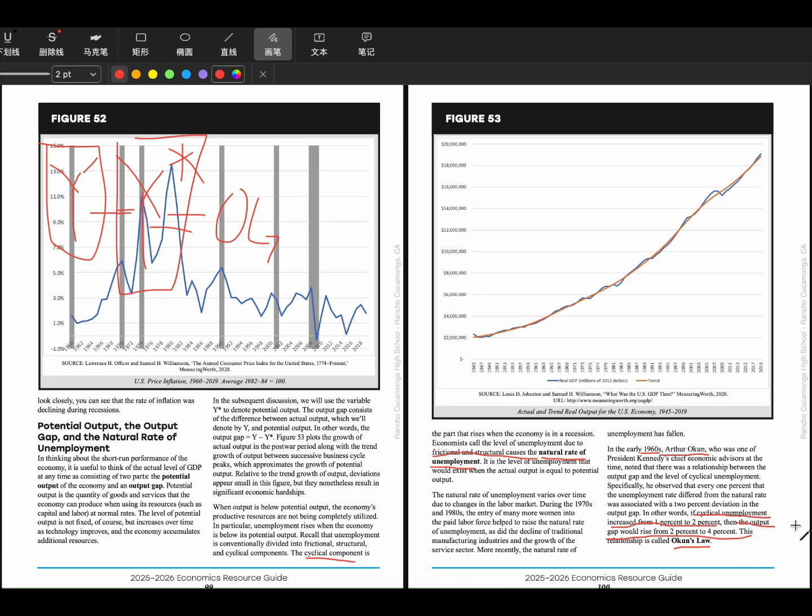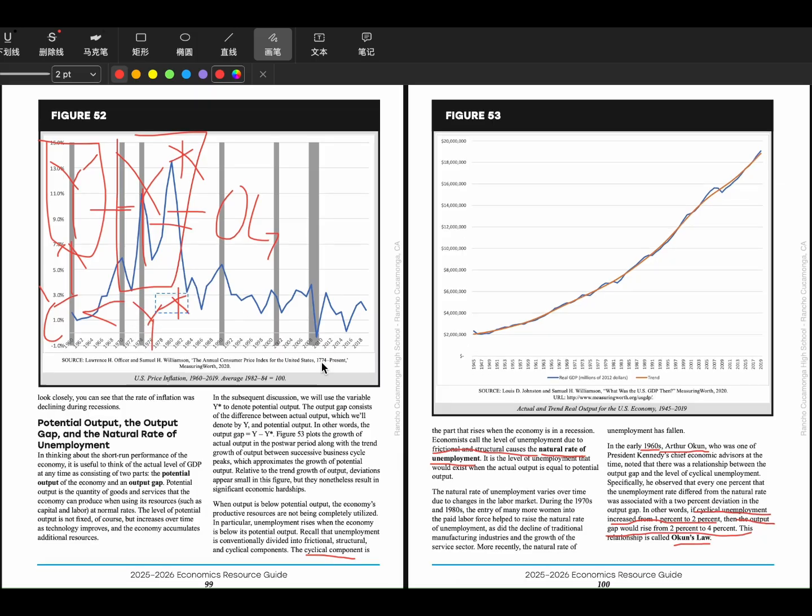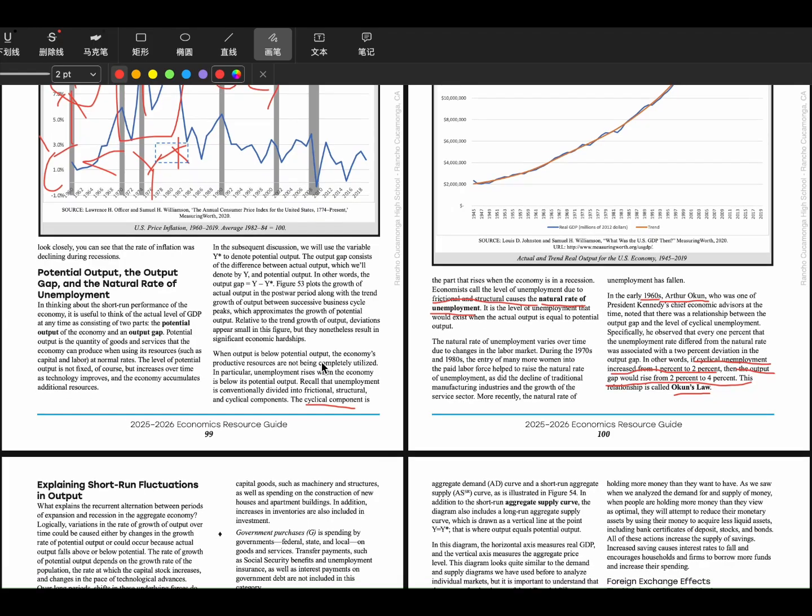In other words, the output gap would increase at 2 times the speed of the cyclical unemployment. The more cyclical unemployment there is, the higher the output gap. In this case, it will be a negative output gap, because Y would be lower than Y star for it to have cyclical unemployment and recession, because you're operating below potential if you're having a negative output gap.